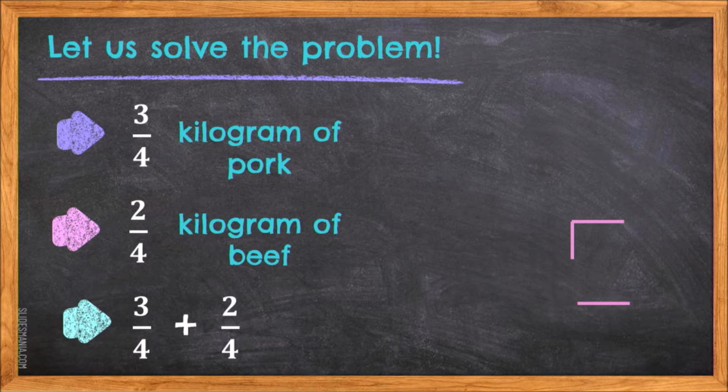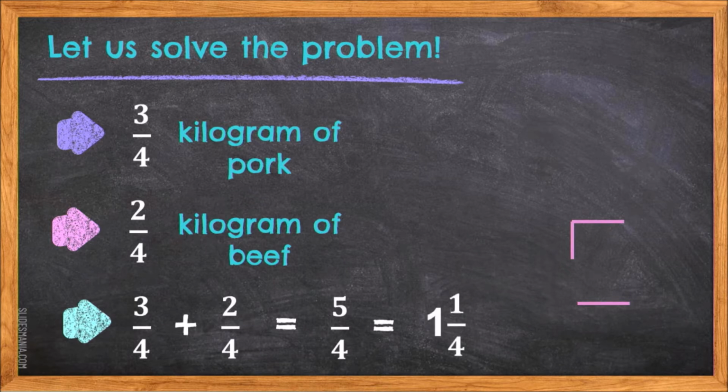To do this, just add the numerators and copy their denominator. So let us solve. 3/4 plus 2/4 is equal to 5/4. We just add the two numerators, which are 3 and 2, and then you will just copy the denominator, which is 4.